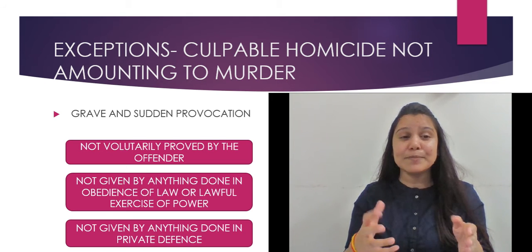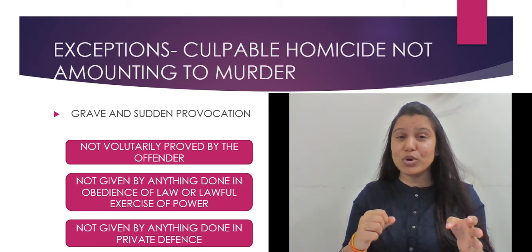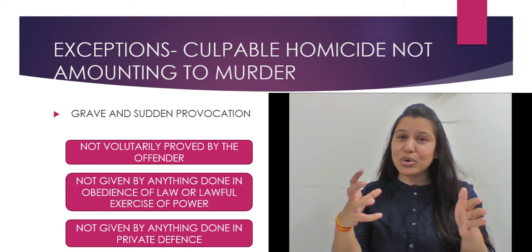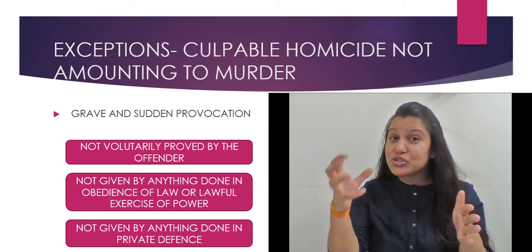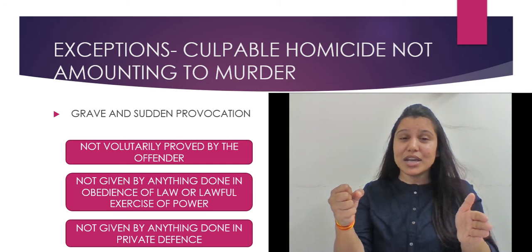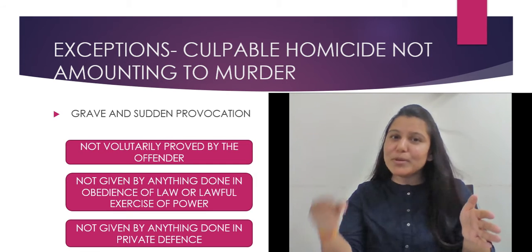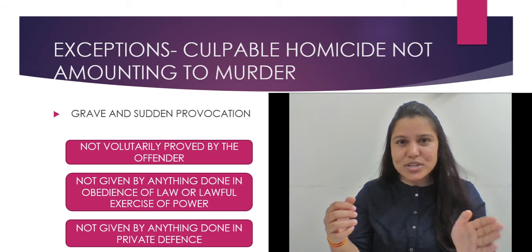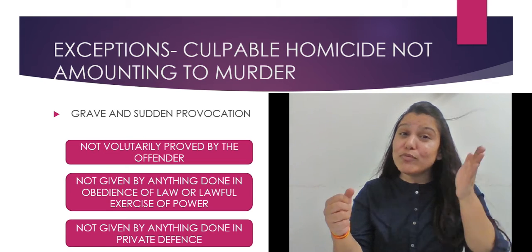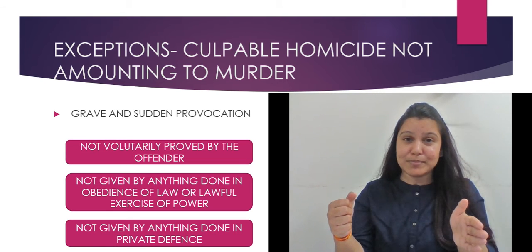Now, what are these things? Not voluntarily provoked by the offender. Here we are talking about provocation by B, but this provocation should not initially be given by A, that A provoked, then B provoked, and because of which A killed B. Initially it was A who was at fault, so it should not be provoked by the offender himself. Correct?